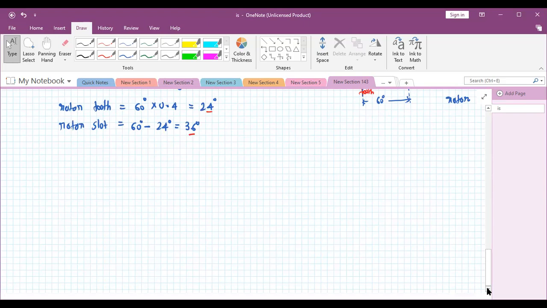So let us develop a diagram for this. First of all I will draw the stator.